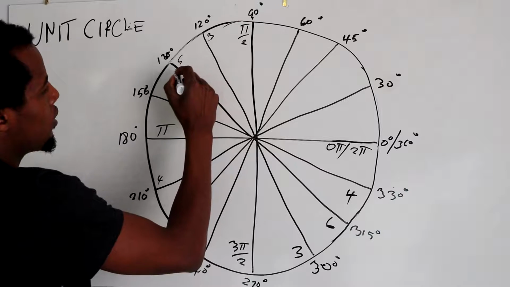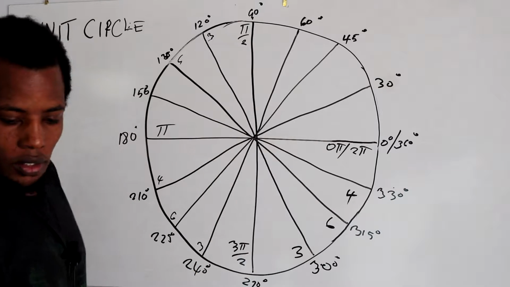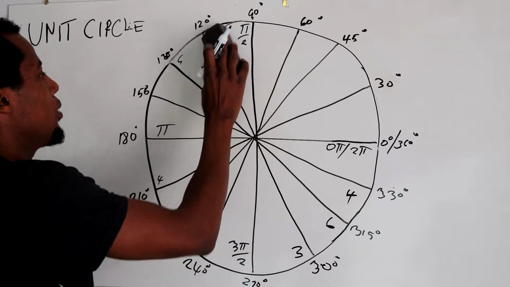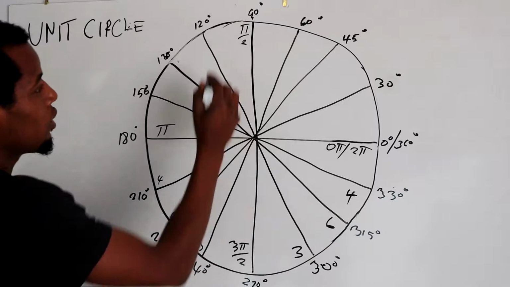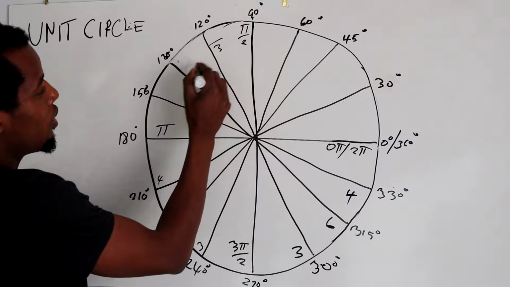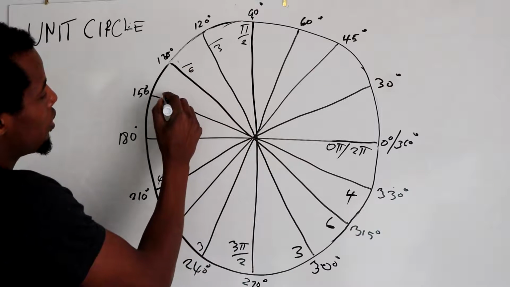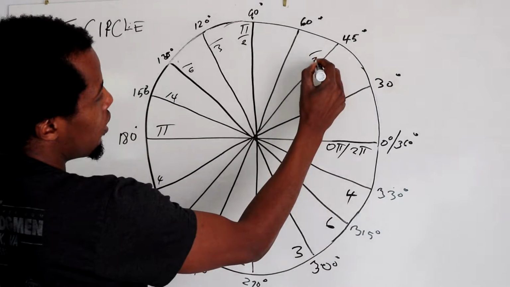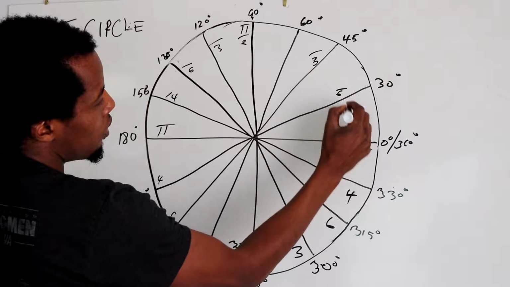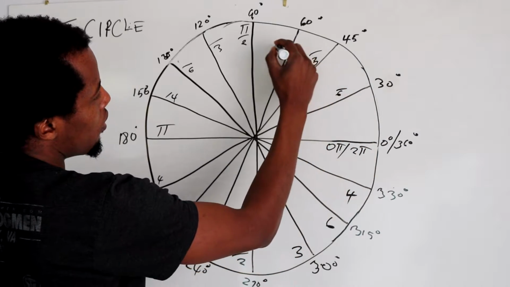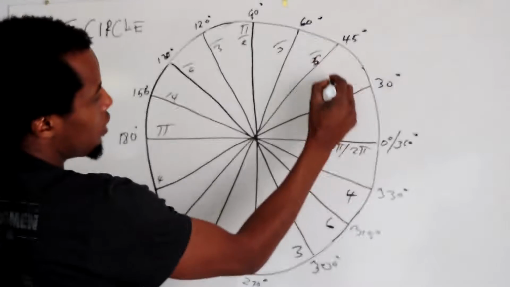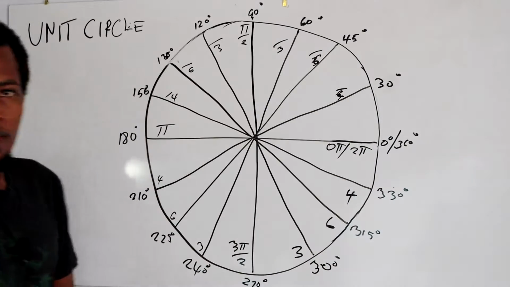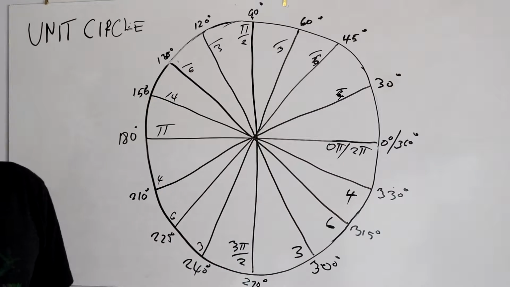Sorry, it's supposed to be down here. It's over 3, over 6, over 4. Right? That's the easiest way.